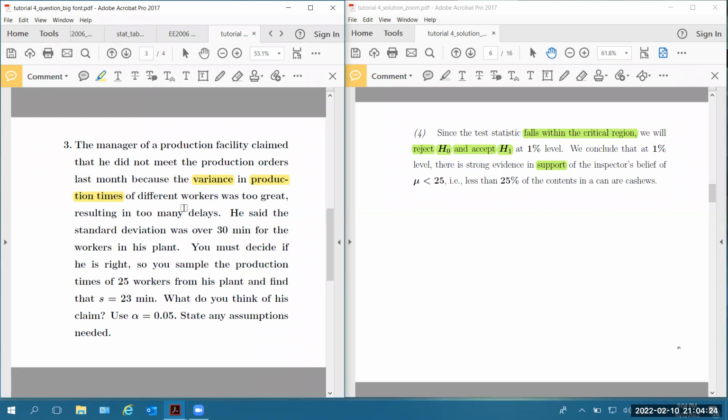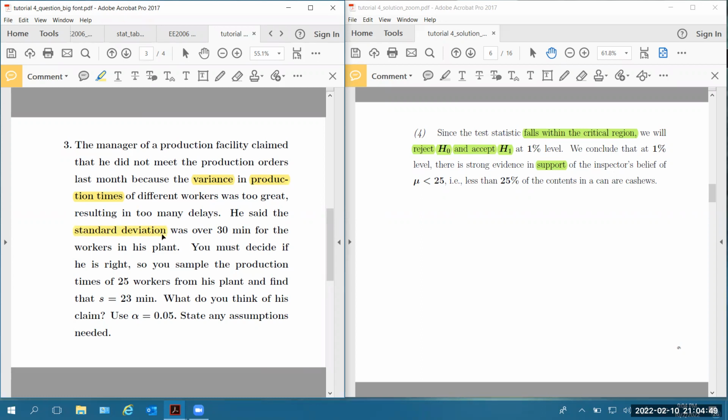He thinks he did not meet the production order last month because the variance in production times of different workers was too great, resulting in too many delays. He said the standard deviation was over 30 minutes for the workers in his plant.